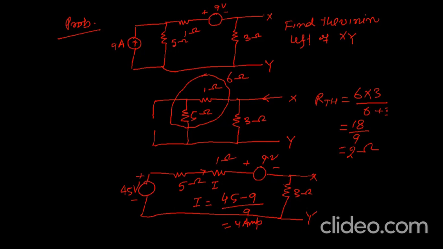So this terminal voltage VXY will now be equal to 4 multiplied by 3, which means it will be 12 volt. And this 12 volt is nothing but VTH. So VTH is 12 volt. So now we can draw the equivalent circuit having Thevenin voltage 12 volt and Thevenin resistance 2 ohm.